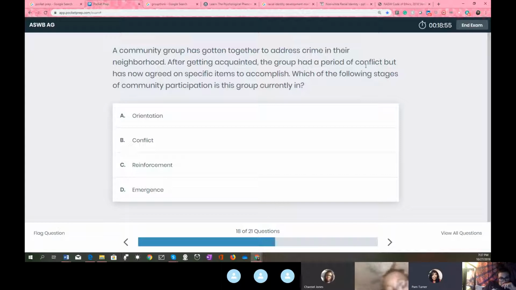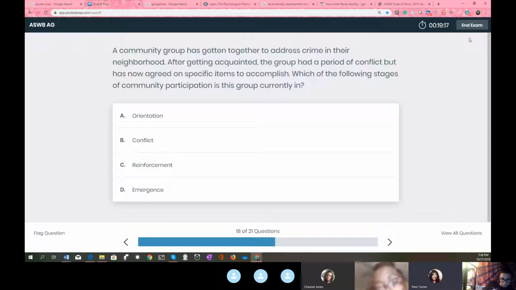A community group has gotten together to address crime in their neighborhood. After getting acquainted, the group has a period of conflict, but is now agreeing on a specific item to accomplish. Which of the following strategies of community participation is this group currently in? The first stage is orientation. They've gotten to know each other. They've met each other at least.